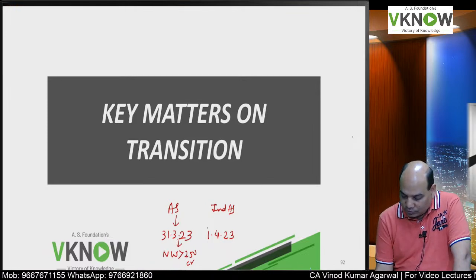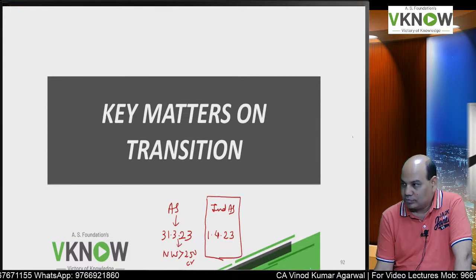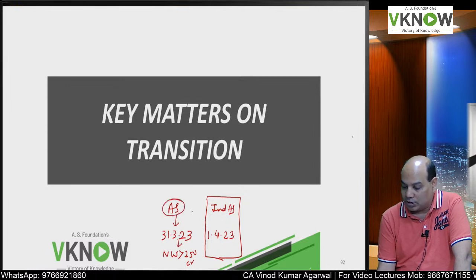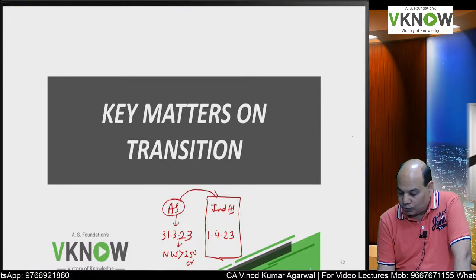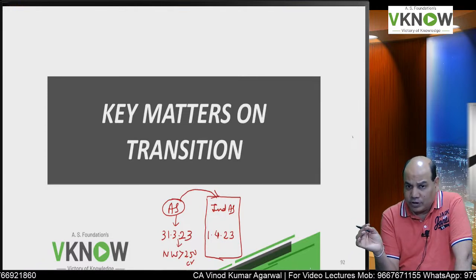Now the question is, what will you do in the transition year, because you are following a different set of standards. Now you have to move to an altogether different set of standards which are quite different from each other.